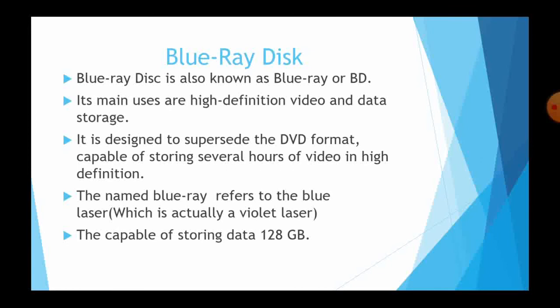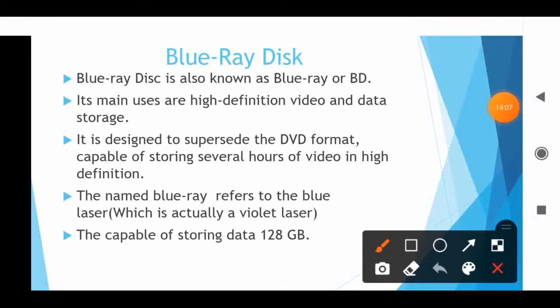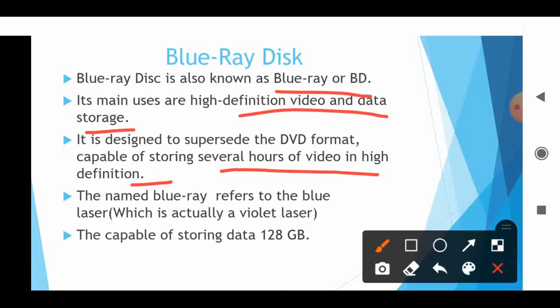The next memory is the Blu-ray disc. It is also known as Blu-ray or BD. Its main uses are high definition video and data storage. It is designed to supersede the DVD format, capable of storing several hours of video in high definition, like film.